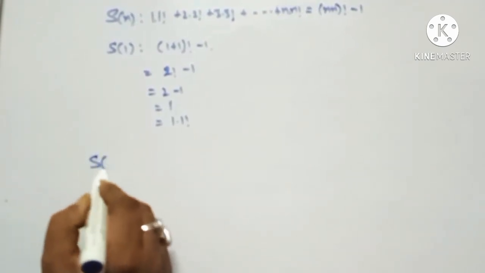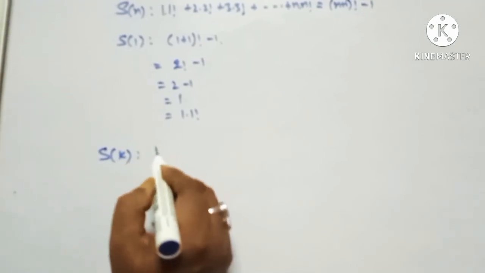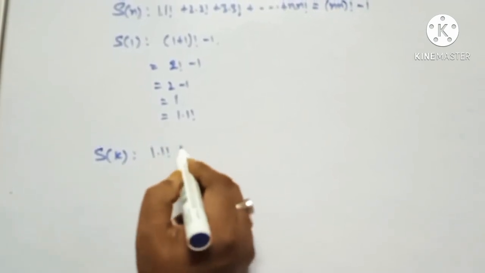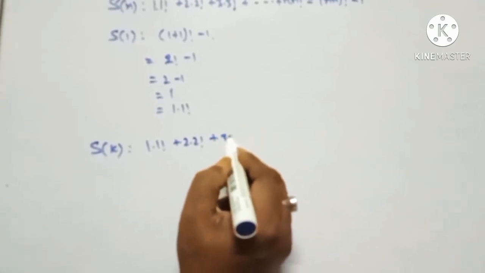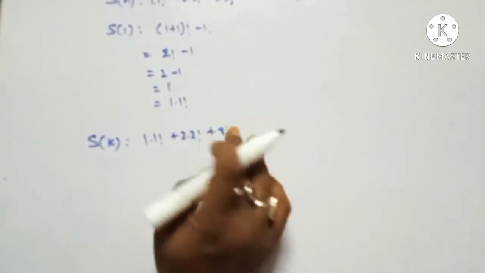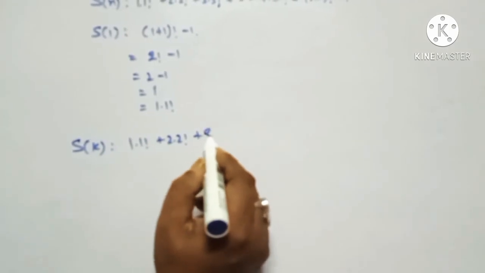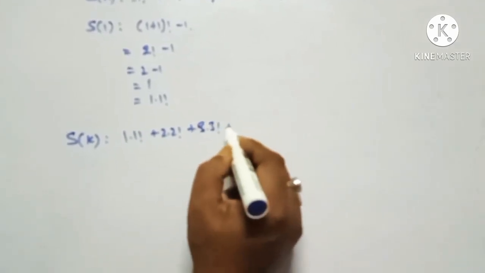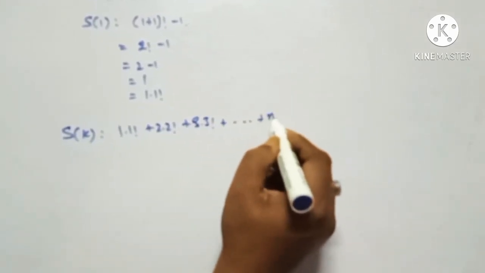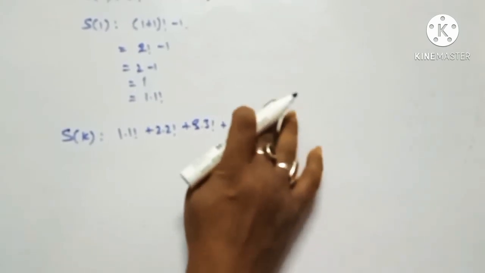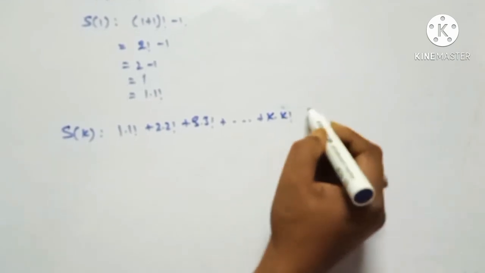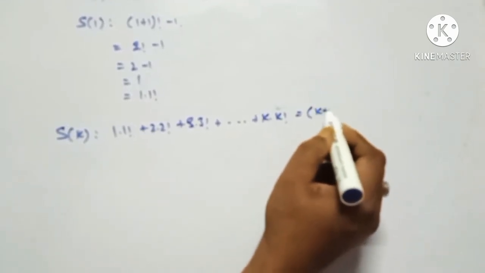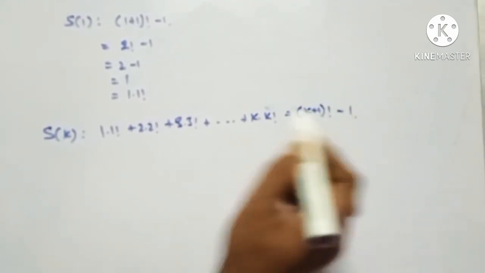Now as k, that will be 1 into 1 factorial plus 2 into 2 factorial plus 3 into 3 factorial dot dot dot plus, not n, this will be k into k factorial, that will be equal to (k plus 1) factorial minus 1.